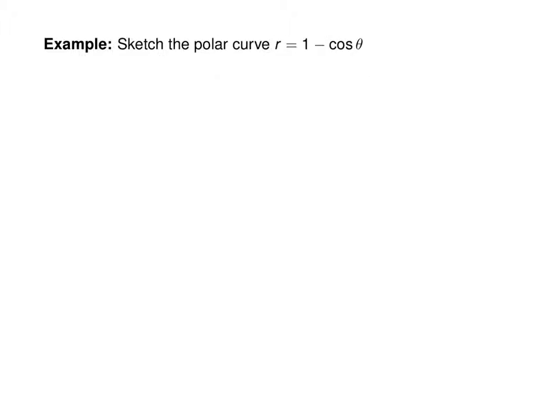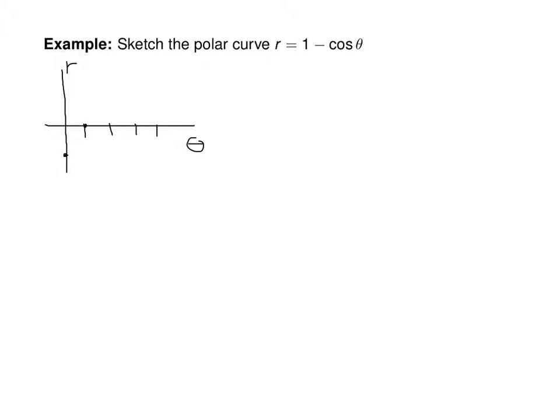Next, let's sketch a bunch of polar curves. Now, I think it's easiest to first sketch the curve in Cartesian coordinates, and then use that to sketch the curve in polar coordinates. So 1 minus cosine theta, if I were to sketch that in Cartesian coordinates, if this is the theta axis and this is the r axis, negative cosine theta would start off at negative 1.